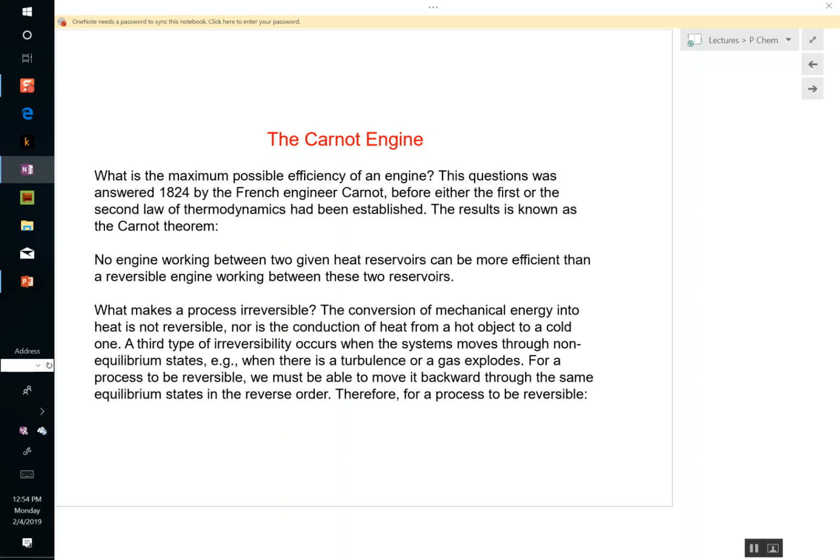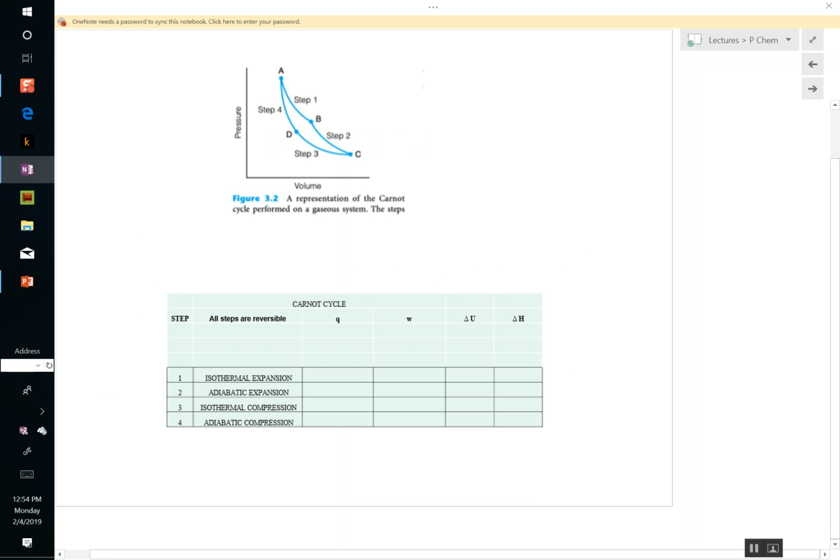So the Carnot engine, and this is right out of the book. And what I want us to do is spend a little bit of time just generally filling in some things here. That's why I gave you this on a full sheet of paper. Okay, so here's the Carnot cycle. There are 4 steps in this, and each step is reversible.